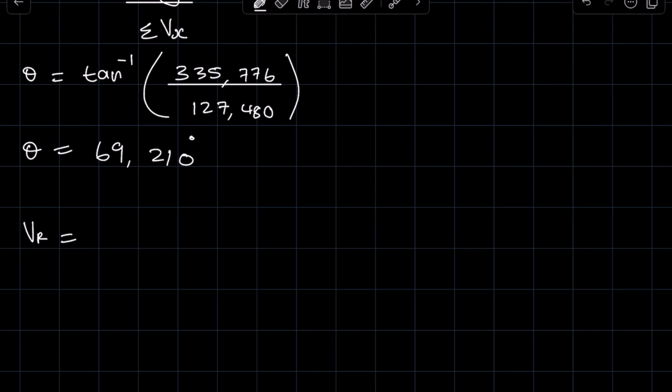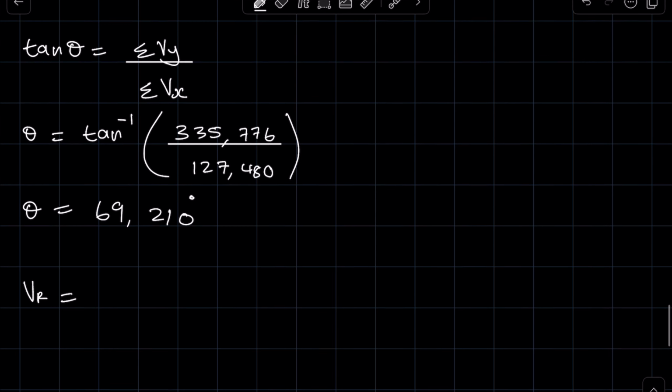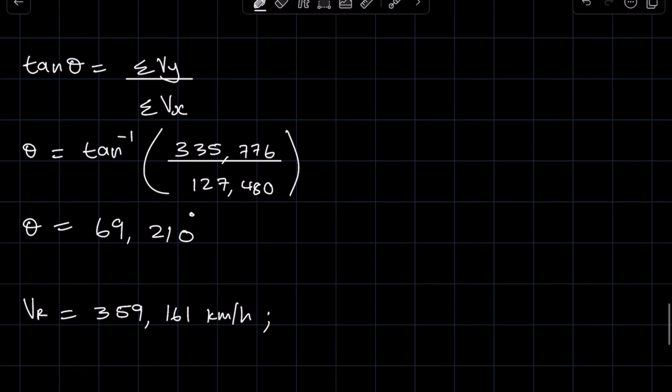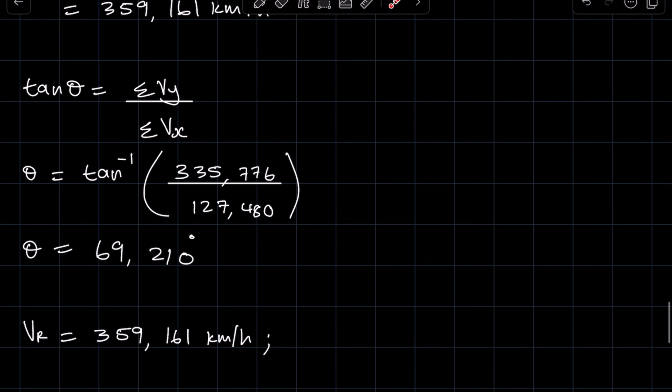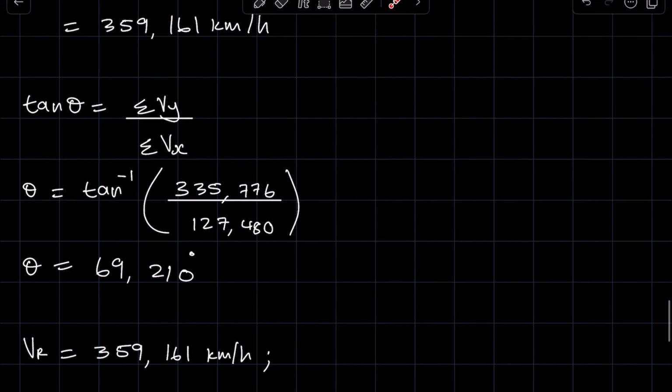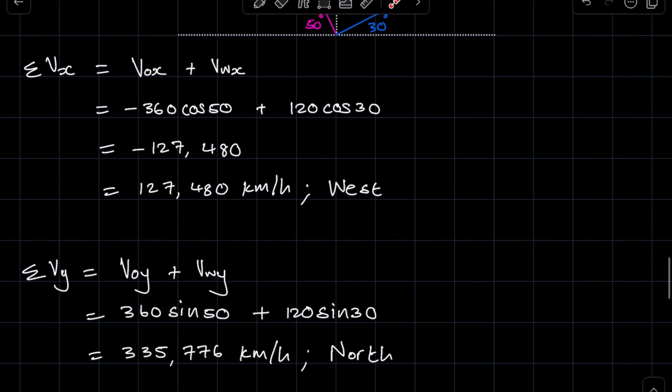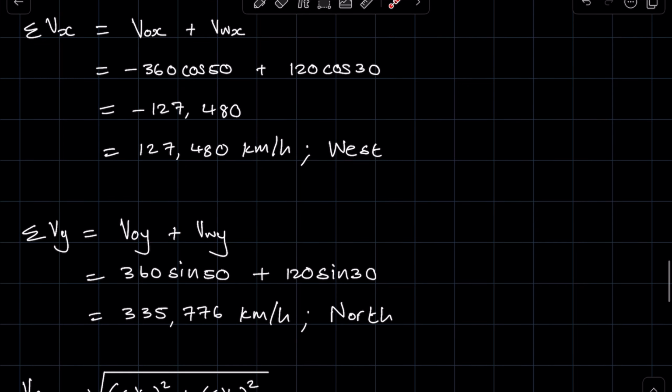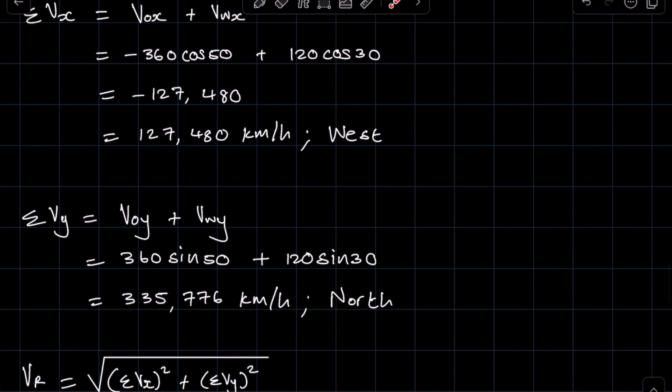Now you can write down the resulting velocity. The magnitude is 359,161 kilometers per hour. Now for direction: the way we calculated theta is such that theta is referenced from the x-axis. Remember, as far as direction, the first direction gives us where the angle theta is referenced from.